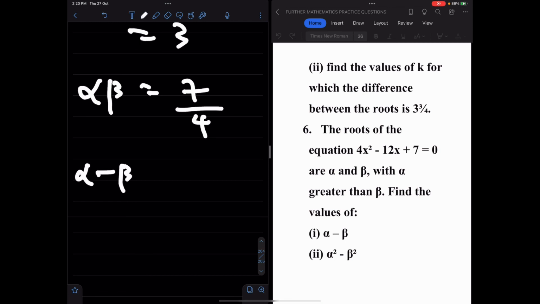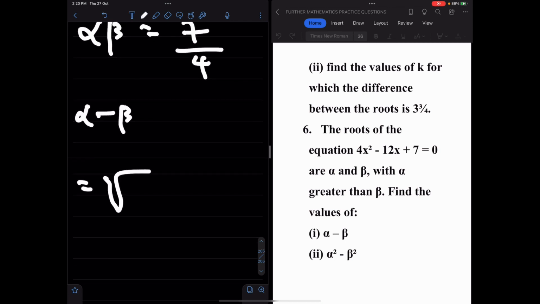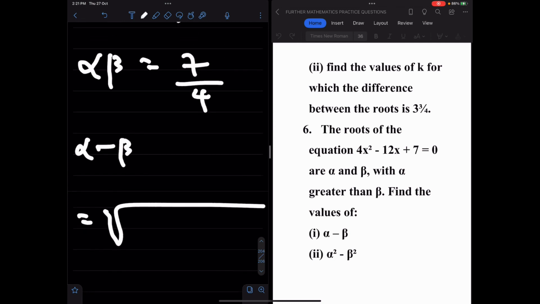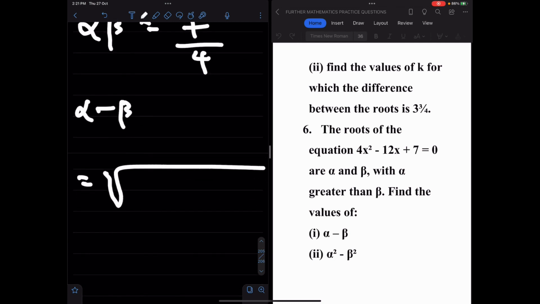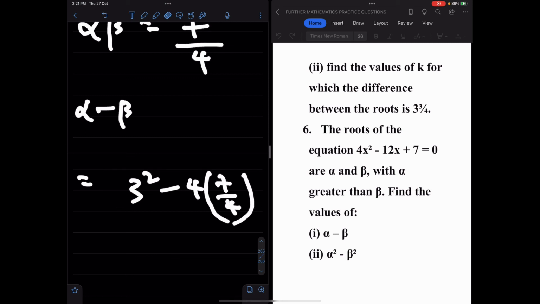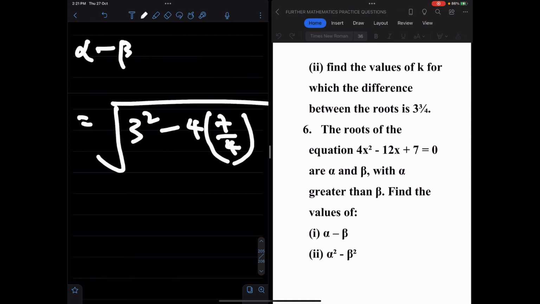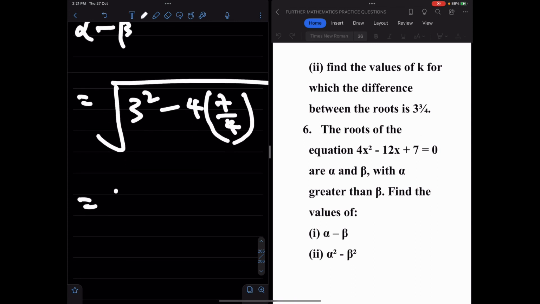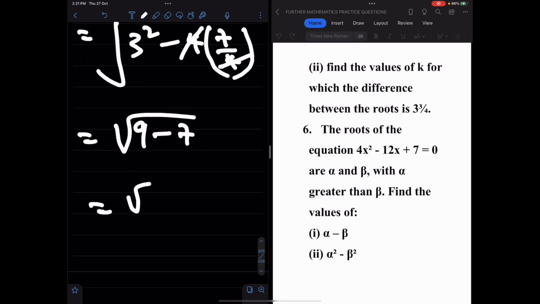Therefore, alpha minus beta is equal to the square root of alpha plus beta squared, which is 3 squared, minus 4 alpha beta, which is minus 4 times 7 over 4. And that's equal to the square root of 9 minus 7, which is equal to root 2.